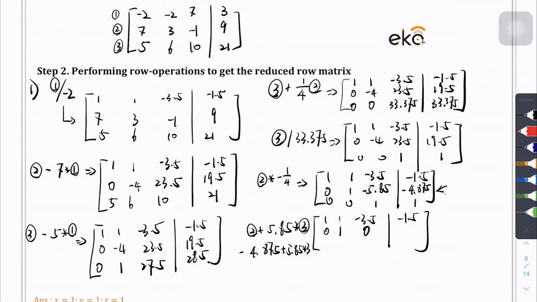Actually, I found a mistake. The mistake is not about this number, it's here. You really need to be careful in doing matrices. It is 23.5 times 1/4, which is -5.875 instead of 5.85.